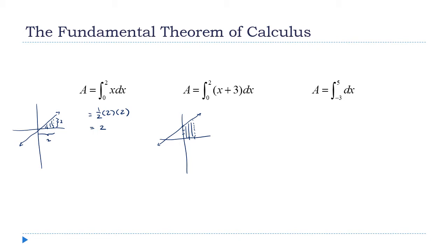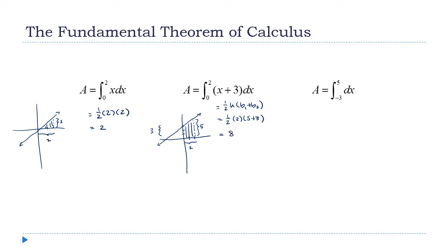This base is 5, and this base is 3, and the height is 2. The area of a trapezoid is 1/2 the height times the sum of the bases. So that's 1/2 times 2 times 5 plus 3, which is 8.